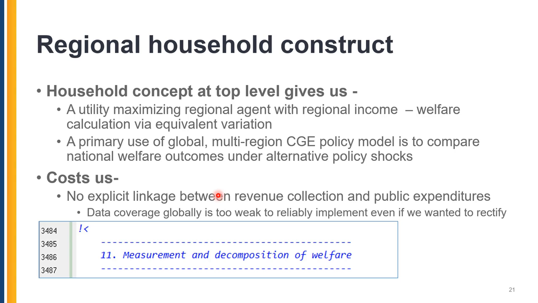The regional household solves this utility maximization problem, or if you prefer, expenditure minimization problem, with that top level utility nest. And so we don't have that linkage in choice and budget collection, because income can go up and the regional household will proportionally allocate more to government.